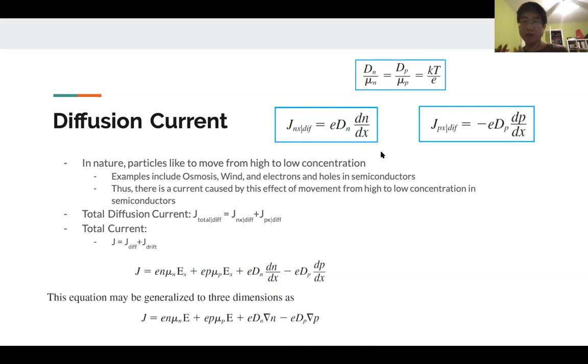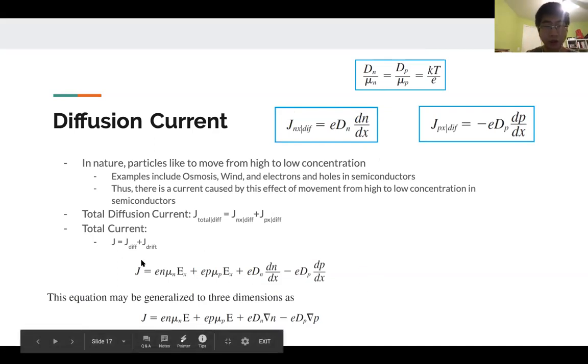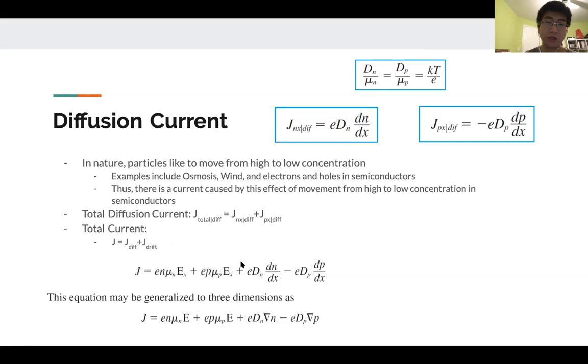Basically, you want to move from high density to low density, and that's how you get your current. And the total current is just the diffusion current plus the drift current. So the stuff caused by high to low concentration plus the stuff caused by electric field. Are there any questions?